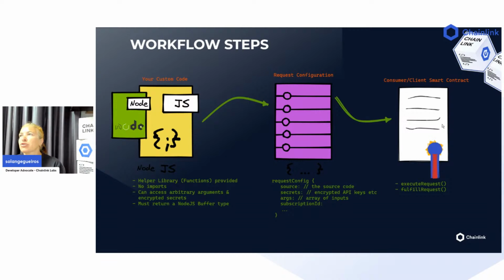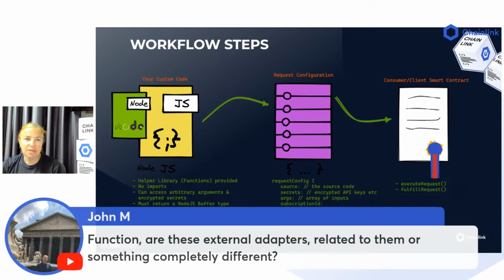And your consumer, your client smart contract, has the execute request and the fulfill request. Before functions, we had the external adapters, and they are being deprecated in favor of functions because functions is easy to use.